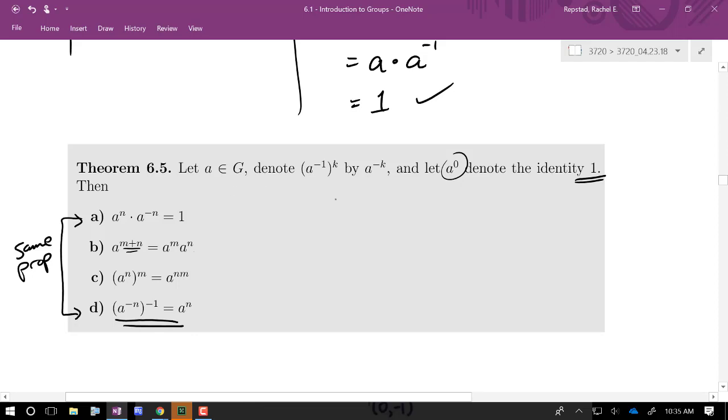One thing I really want to point out is that not all of the exponent properties from regular algebra follow us. For example, in regular algebra, we're used to being able to say that AB to the n is A to the n, B to the n, but this is absolutely not true for groups. It's only true if your operation is commutative, and that's not always the case for groups.